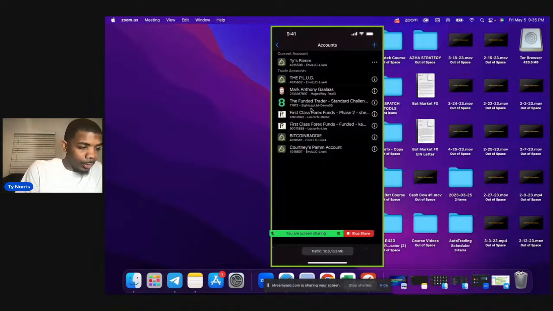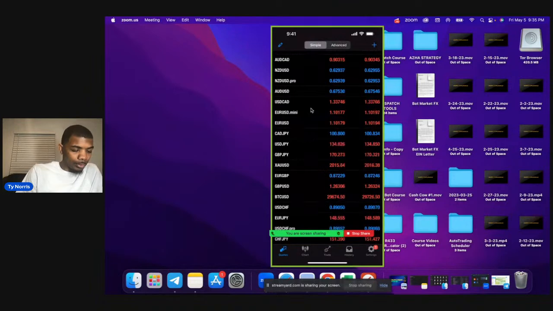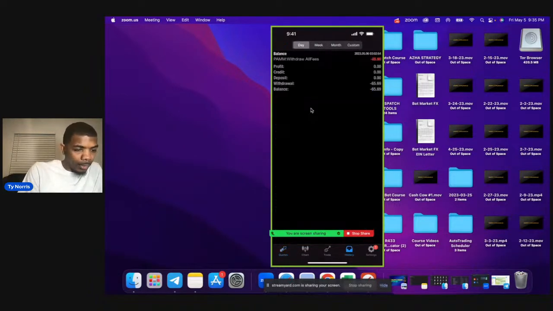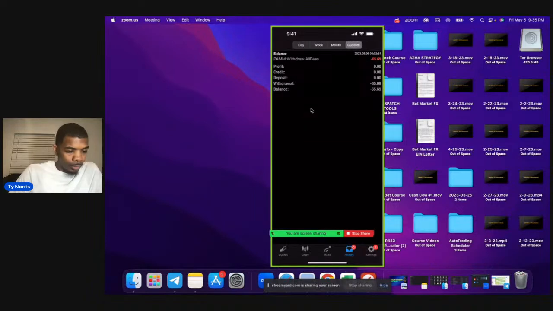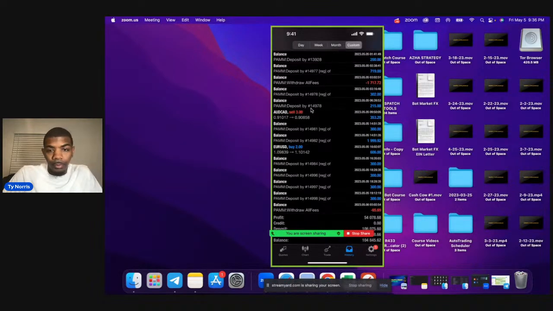And there's also another account that I run. On this one, going to January the 1st, I'm up 54,000, just from using the indicator.